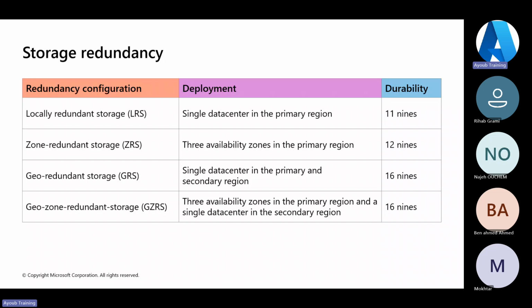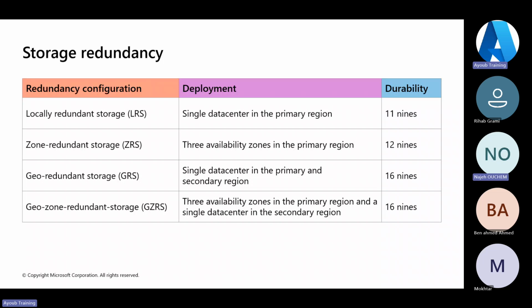The third one, geo redundant storage. It's a single data center, but it's replicated to another region. For example, the first one is West Europe, the second one, for example, South France or Central France, with a durability of 16 nines.